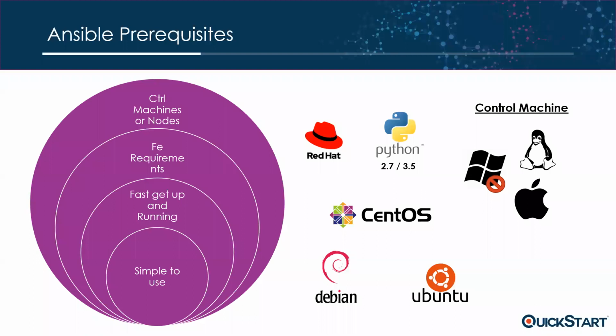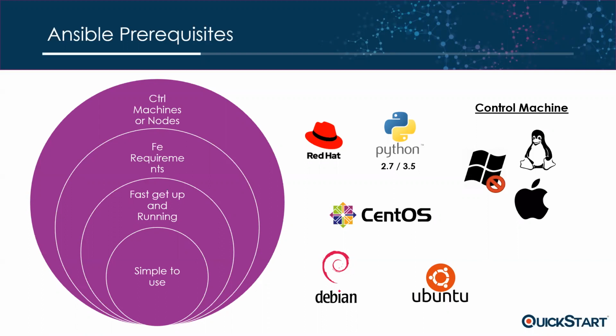The versions allowed at this moment, as you could see right there, are version 2.7 or Python 3.5 and up. So this is the only consideration that you need to have for Python.